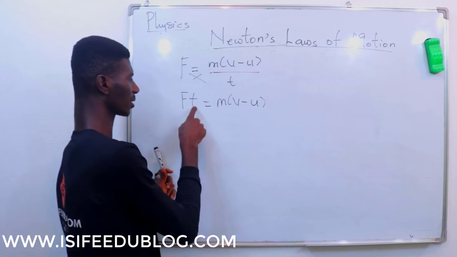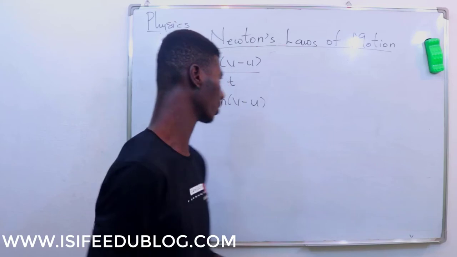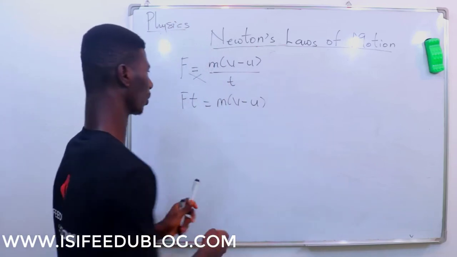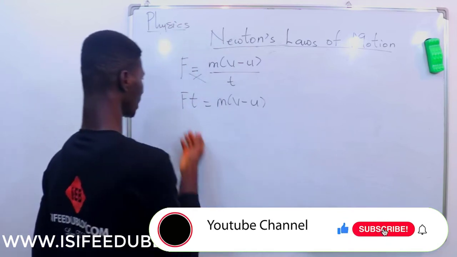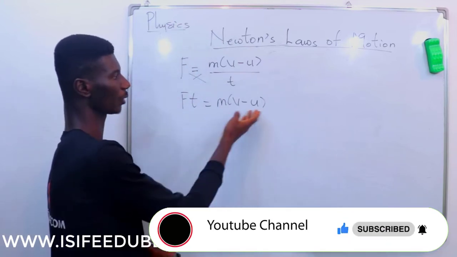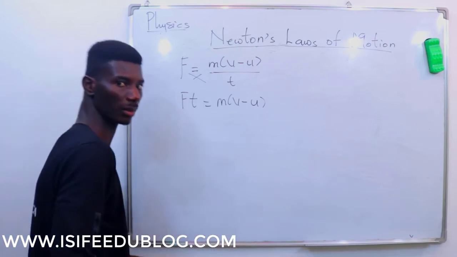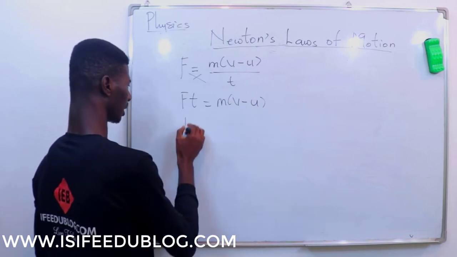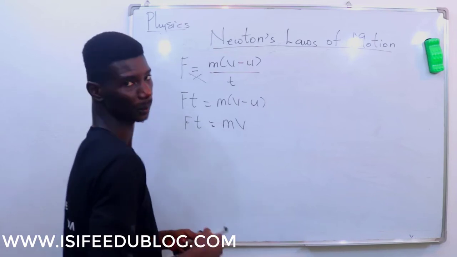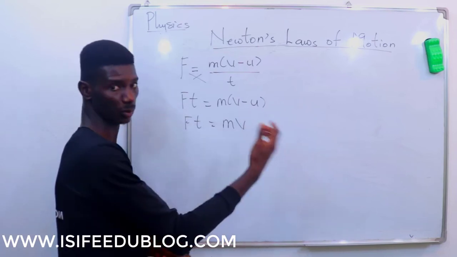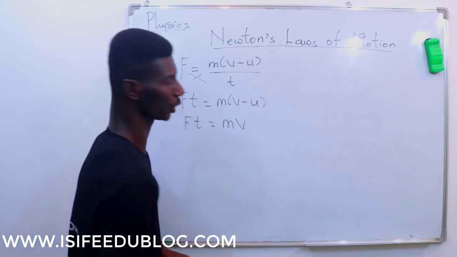Ft, force times time, is called impulse. So from Newton's second law of motion, we can see that impulse is equal to the change in momentum. So I can say that Ft is equal to mv, where v is used to represent the general change.